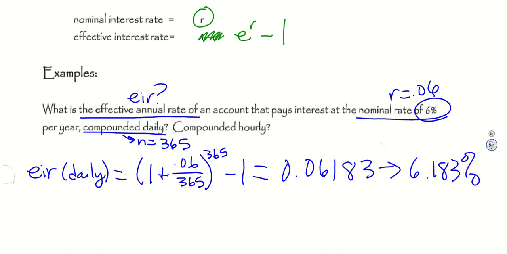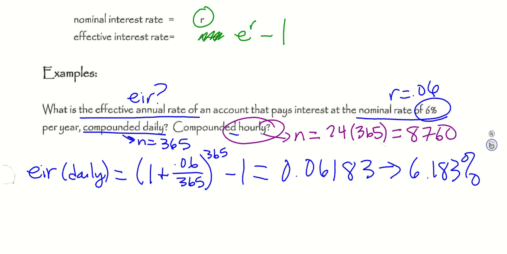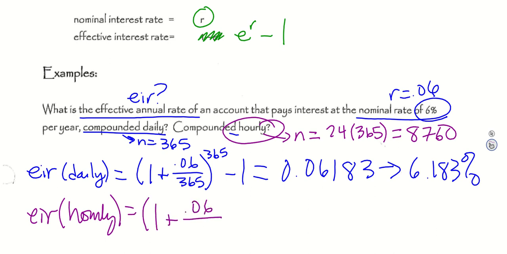Now, what if I were to compound hourly? Well, if I compound hourly, then that changes my n to the number of hours there are in a year. So that's going to be 24 hours a day times 365 days a year, which gives me 8,760. So my effective interest rate, if we compound hourly, will be (1 + 0.06/8,760)^8,760, and then we're going to subtract the 1.